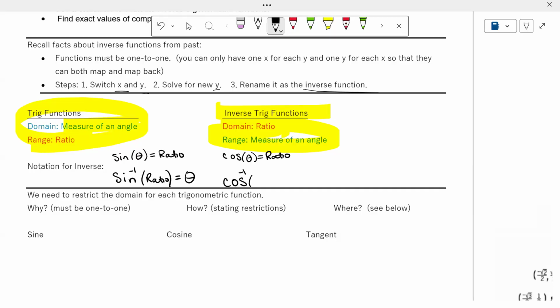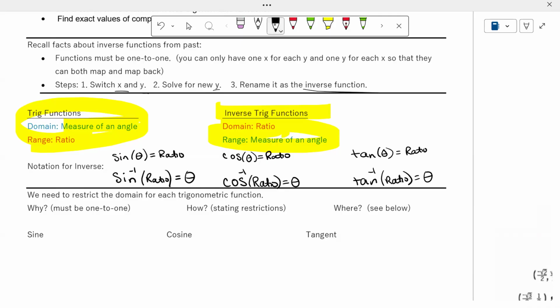Inverse cosine, in with a ratio, out with an angle. Tangent, regular tangent function, in with an angle, out with a ratio of the y over x. The inverse tangent, in with a ratio, out with an angle.